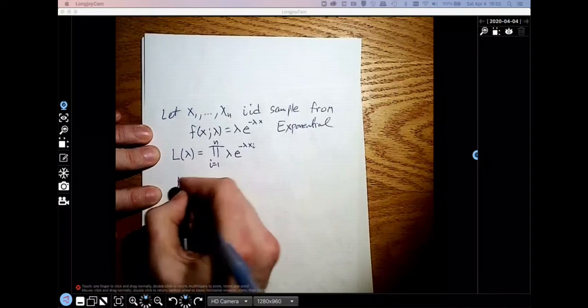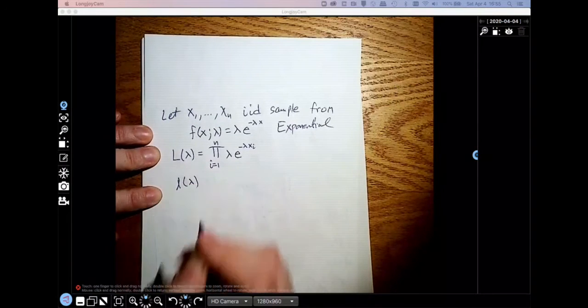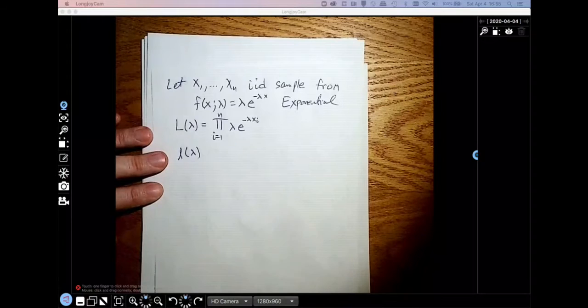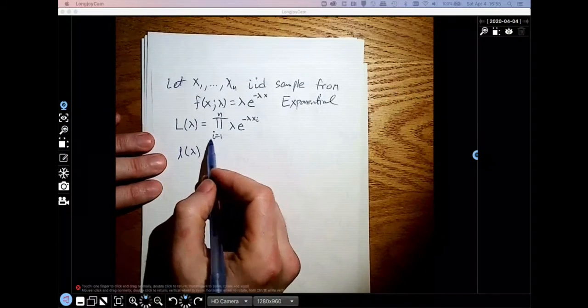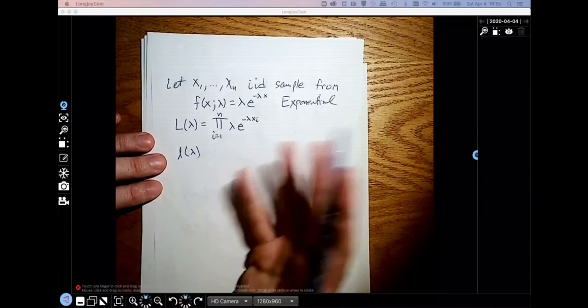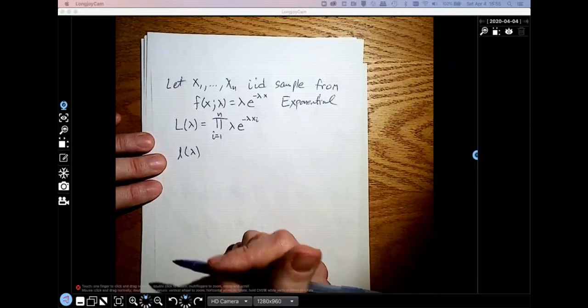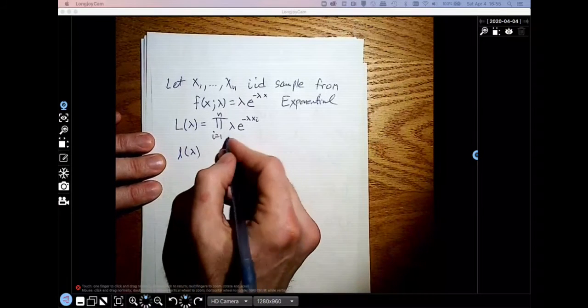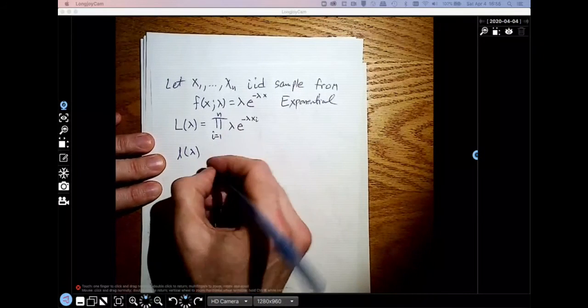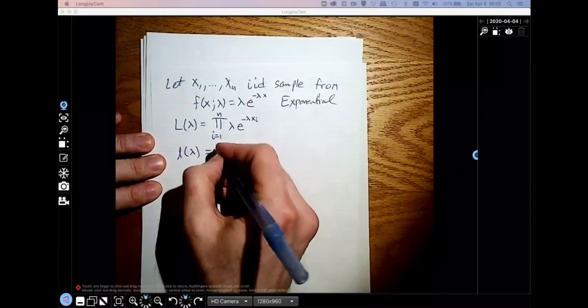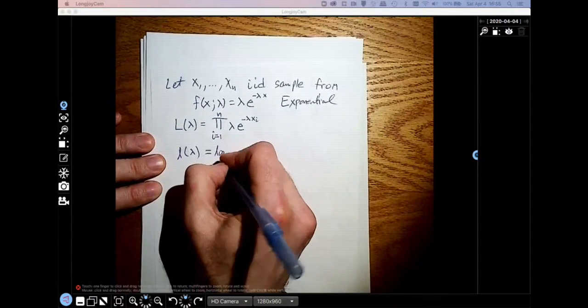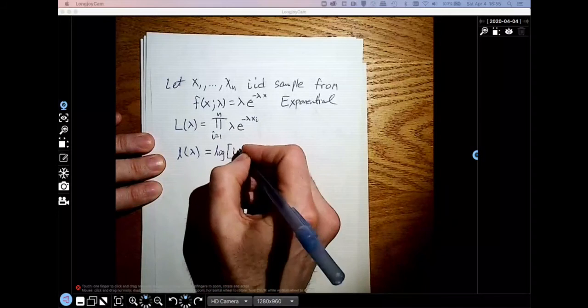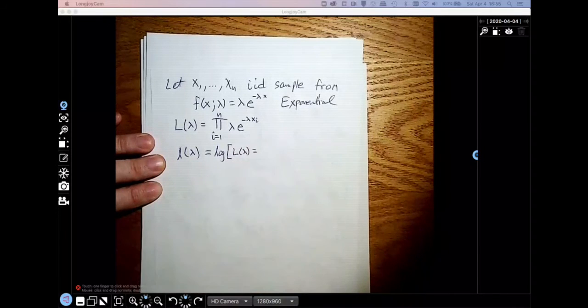Well, let's go write out our log likelihood. So remember, I want to make this as large as possible, so I want to maximize it. How do I do that? Well, I don't want to take derivatives of a bunch of products, so we're going to take logs of both sides. So take the logarithm of L at lambda.